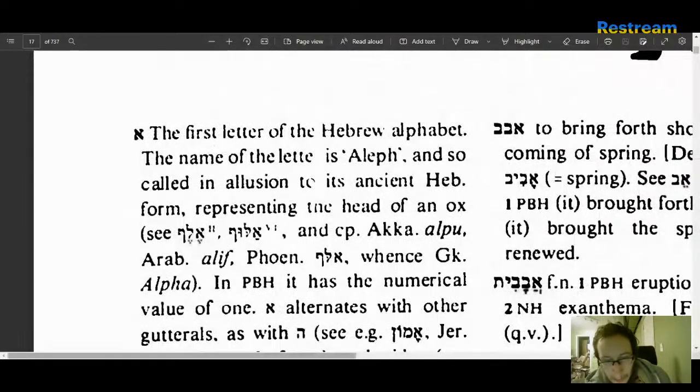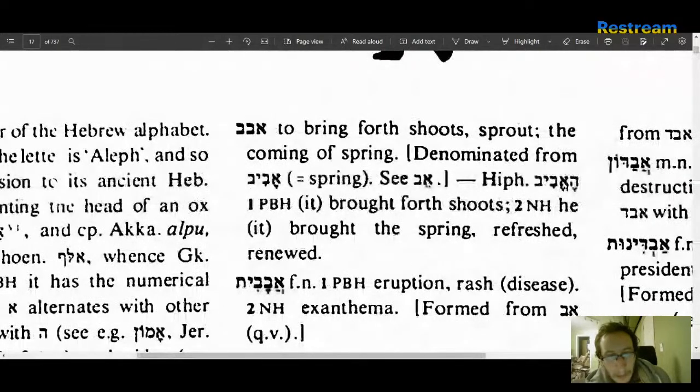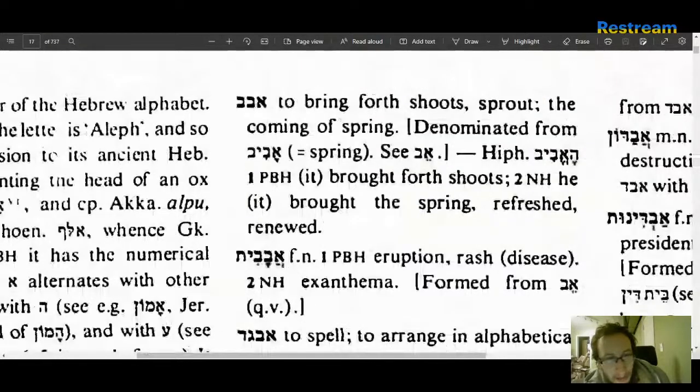Then there's Abib, which is to bring forth shoots, the coming of spring. And you've heard the month of Abib, which is spring, is when Passover is to be held. Abib probably comes from what we saw earlier, the ANB, anib.